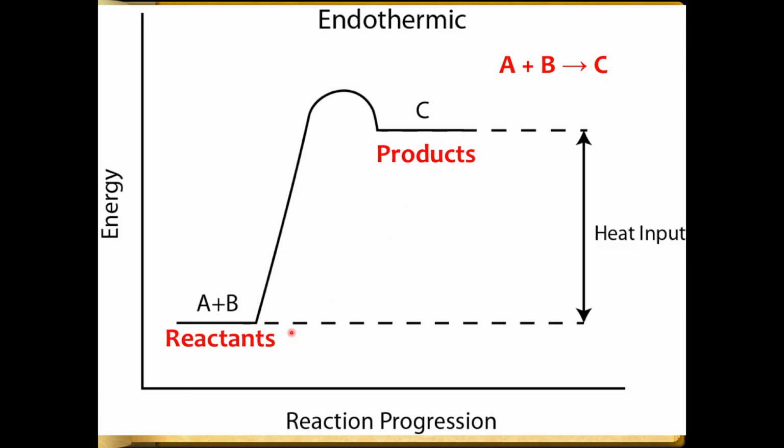Since it gained energy, energy was put into the system, the products now have a higher energy. So heat was put in, or you can see the heat input here. All right. Hopefully that's a very good introduction of endothermic and exothermic.